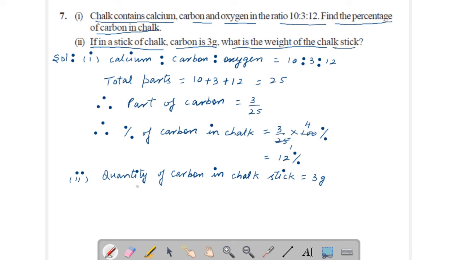Let the weight of chalk stick be x gram.